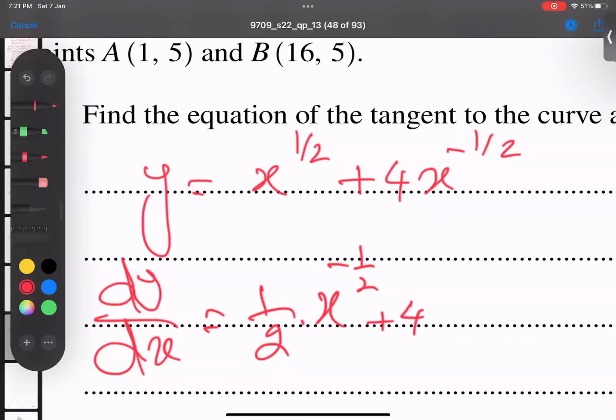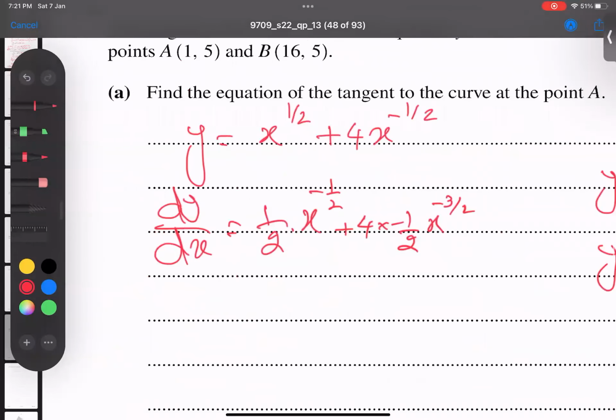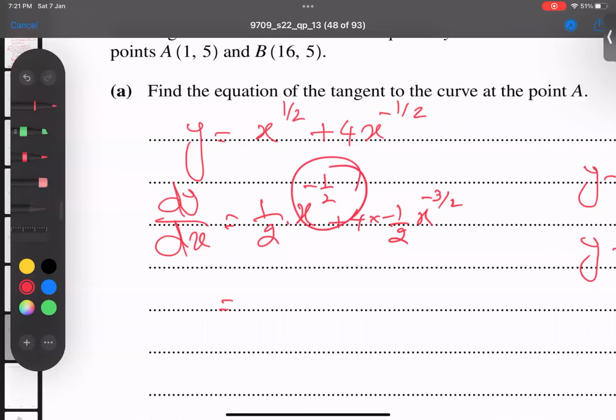Plus 4 already present, power comes down, negative half, and from the power 1 less, so minus 3/2. If I simplify further, this negative half goes in the denominator and becomes positive half, or half is called root. This 2 for cancel, I got 2, and this negative power I bring in the denominator.